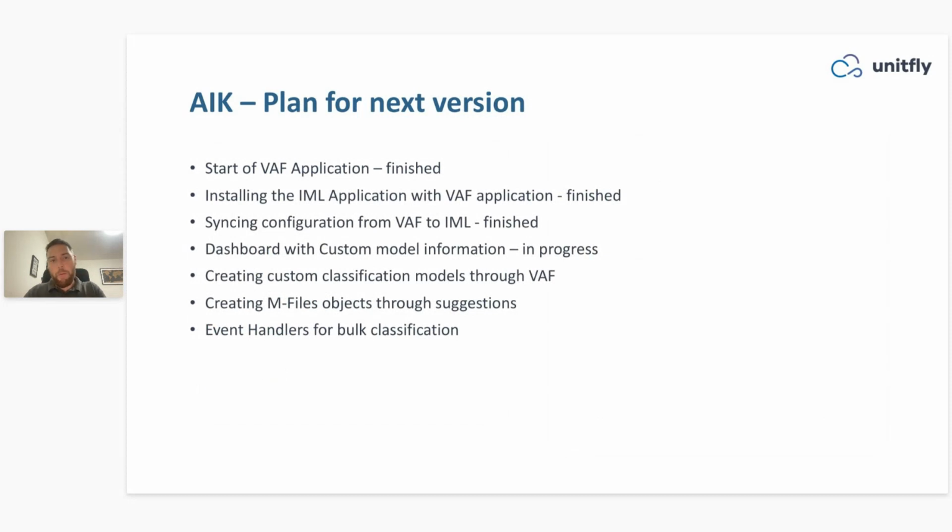What is our plan for the next version? That would be 1.0, but as we now have new versioning, it will be 25.1. What we wanted to do with AI Kit: now you have EML, and EML started with user interaction, so it's triggered by the user.